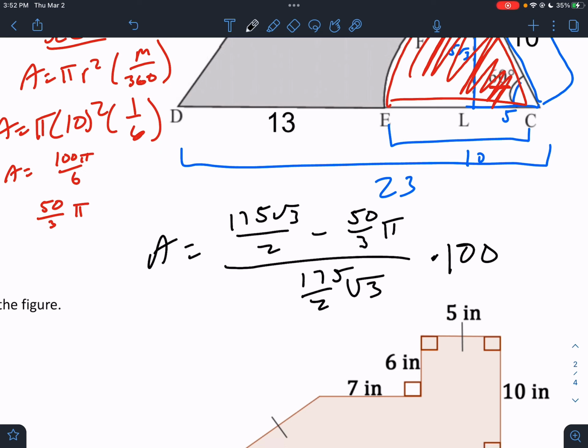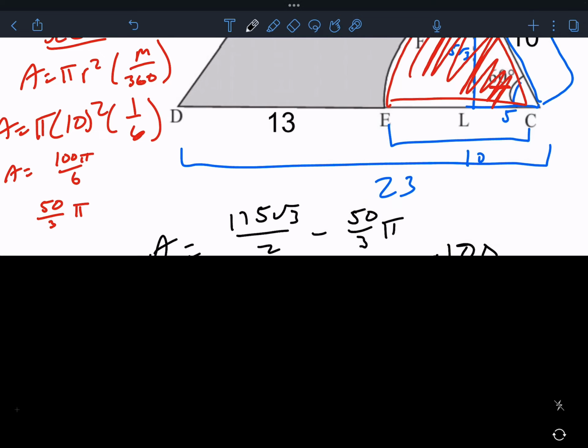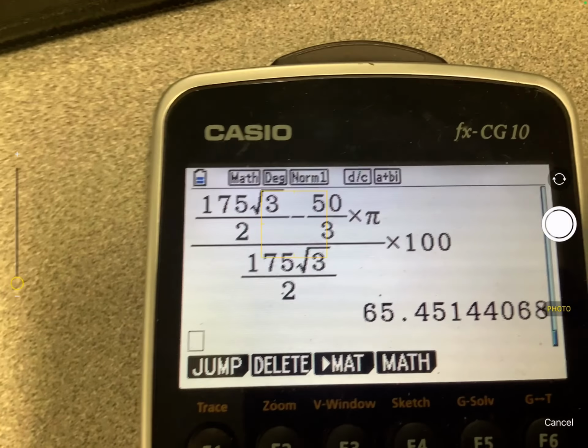You do 175 root 3, put that over 2, minus 50, put that over 3 times pi, all over 175 root 3 over 2 times 100. And I'm going to show you what this looks like because you got to be able to type this in the calculator.